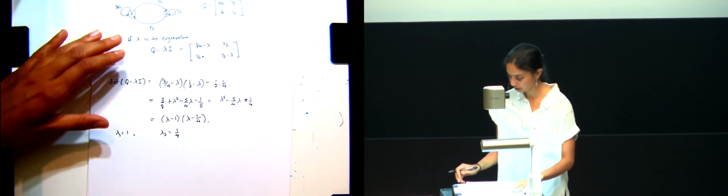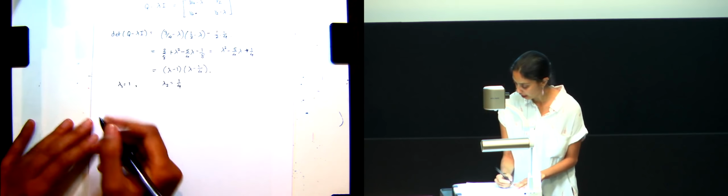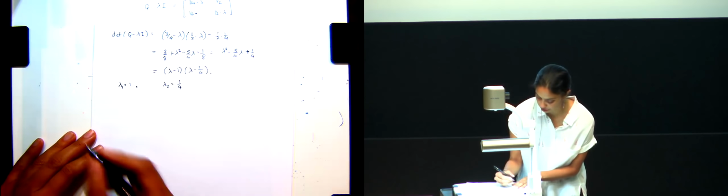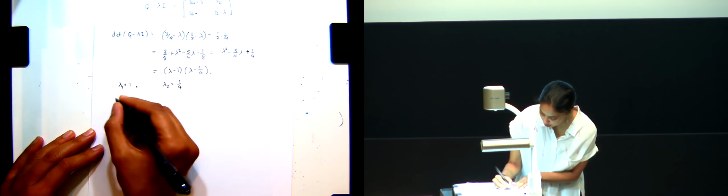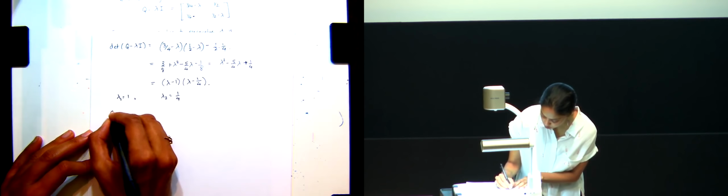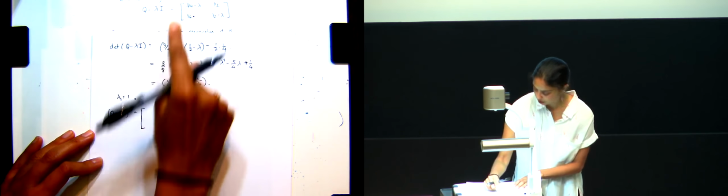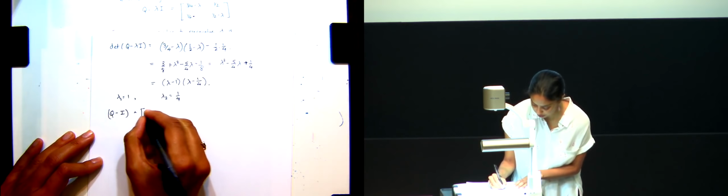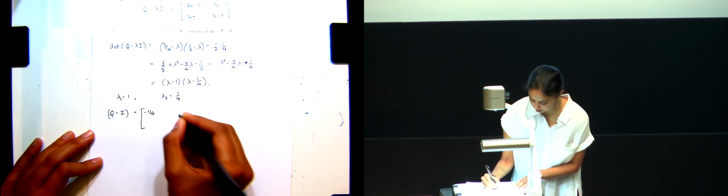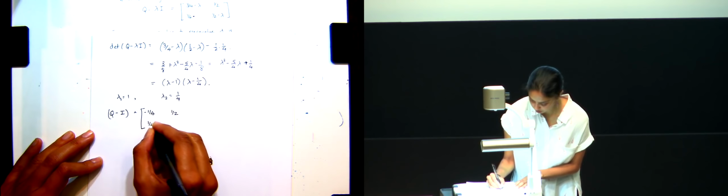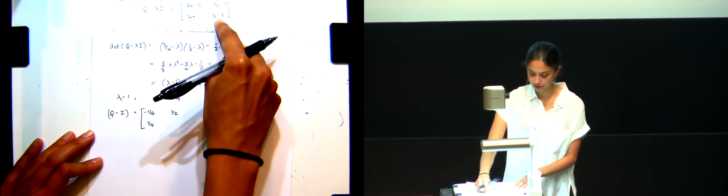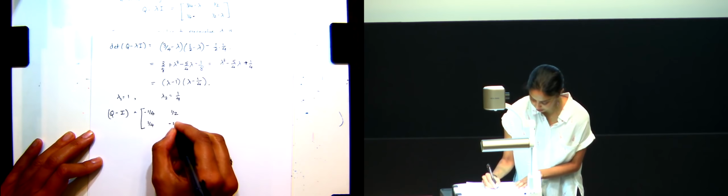So how am I going to find the eigenvectors corresponding to this? Now I have Q minus 1 times I, which is 3/4 minus 1, which is minus 1/4, 1/2, 1/4, and 1/2 minus 1, which is negative 1/2.